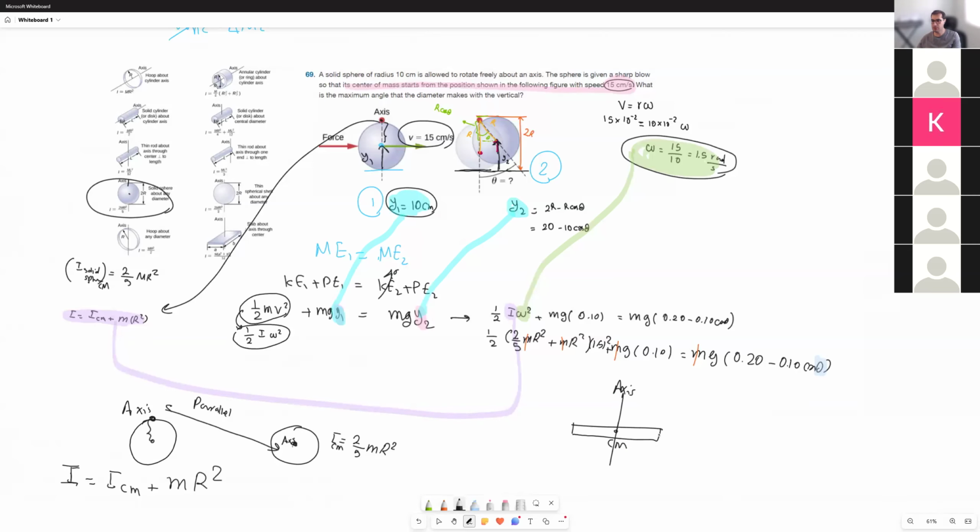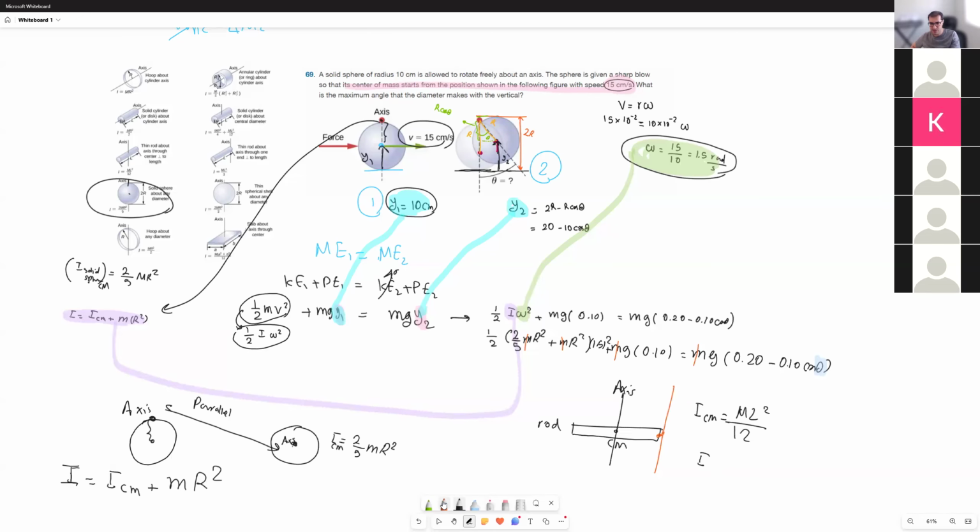Let's say I center of mass for a thin rod about the center is going to be m l squared over 12. You get this from a table, right? Parallel axis theorem says, as long as you know the moment of inertia about that axis, for the rotation about any other axis that is parallel to that axis, you can rely on the parallel axis theorem to find it out.